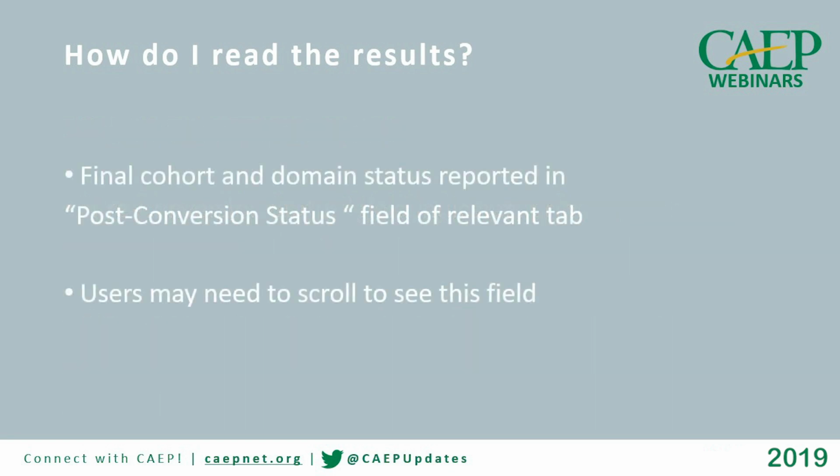You may have to scroll down a bit to see the post-conversion status. There, it will explain what happens after the conversions, whether the cohort overall has met or not met 3.2.